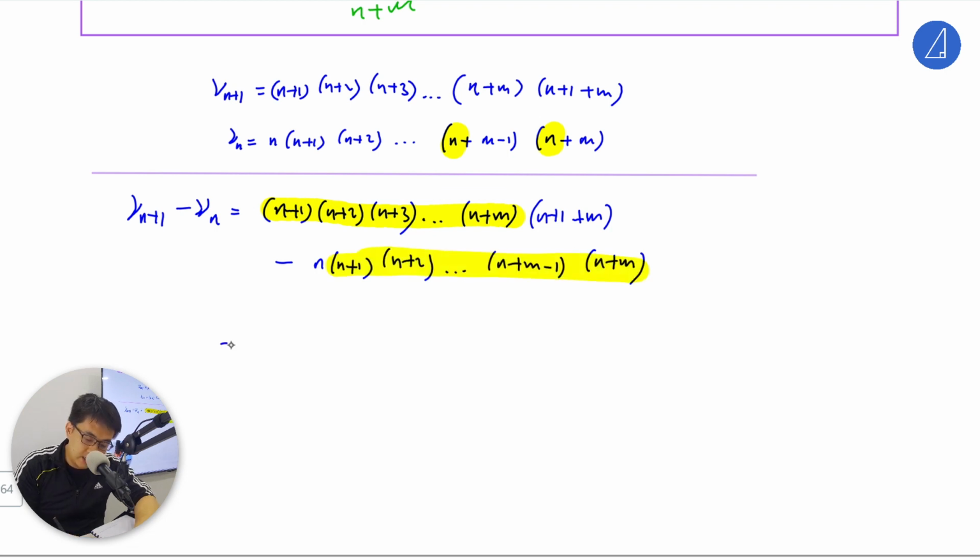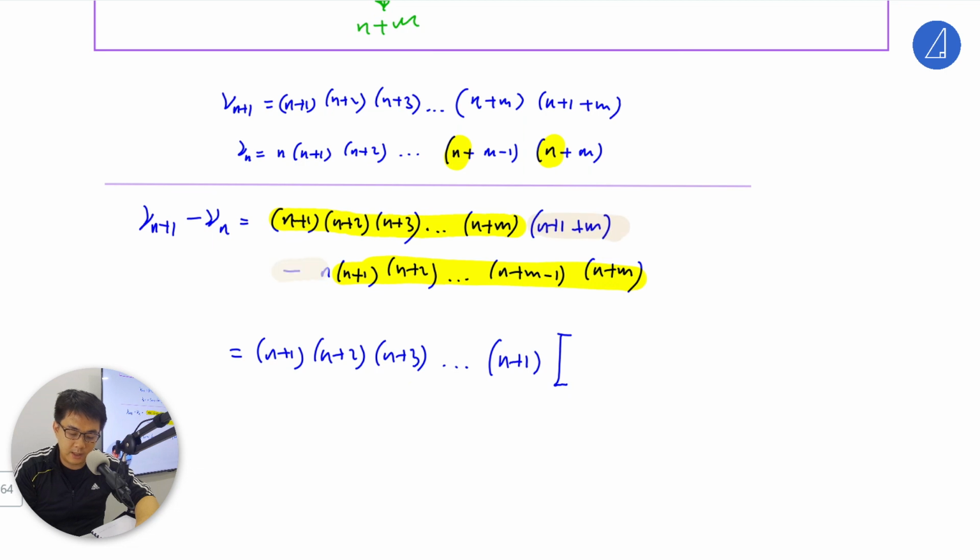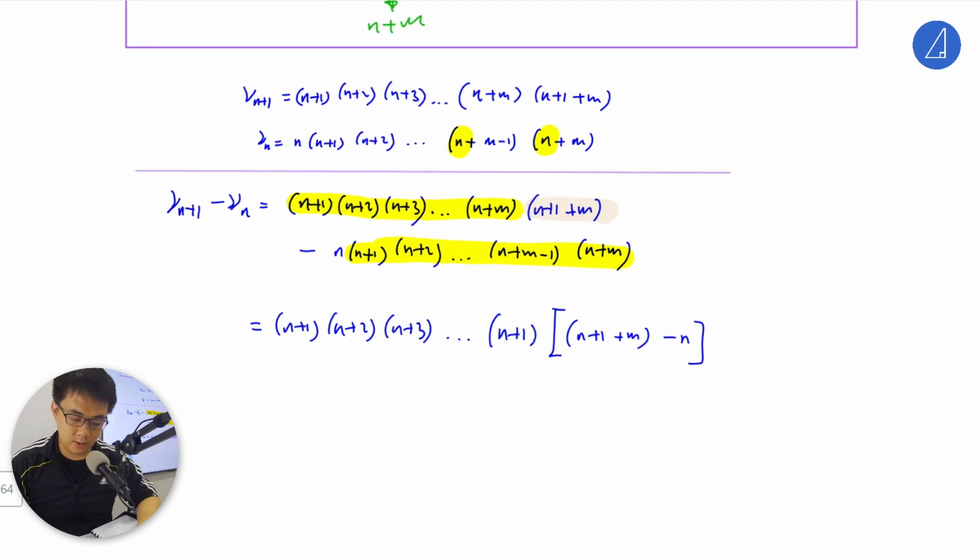So factorizing out is n plus 1, n plus 2, n plus 3, all the way to n plus m. Then you bracket, and you are left with this one and this one. So you get n plus 1 plus m minus n. Okay, so there you go.